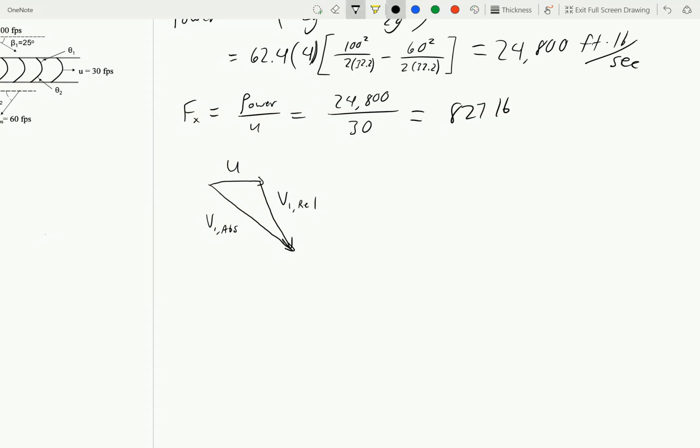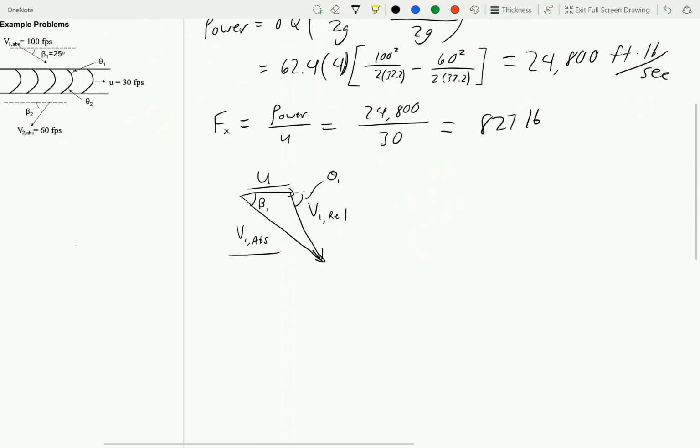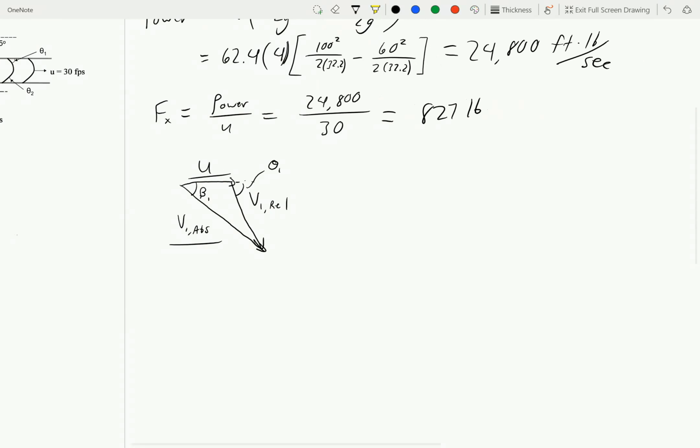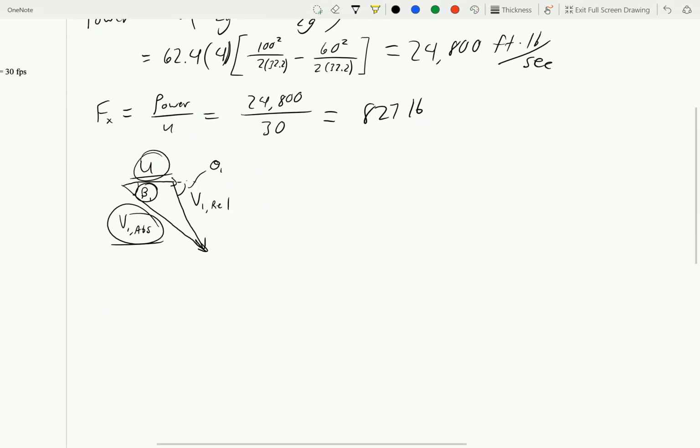So we know v1 absolute, and we know u. This angle here is beta 1, and that angle there is theta 1, otherwise known as the incoming vane angle. We know three of these things, and that's all we need to use the law of cosines.